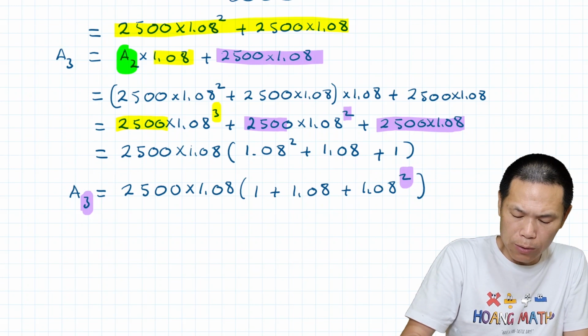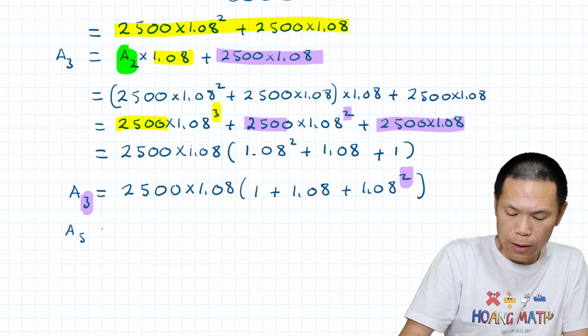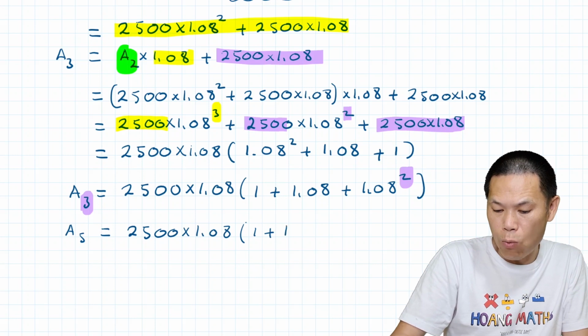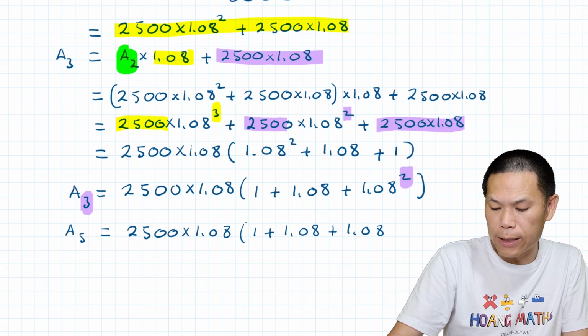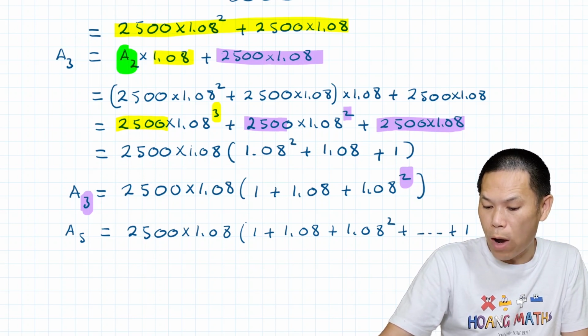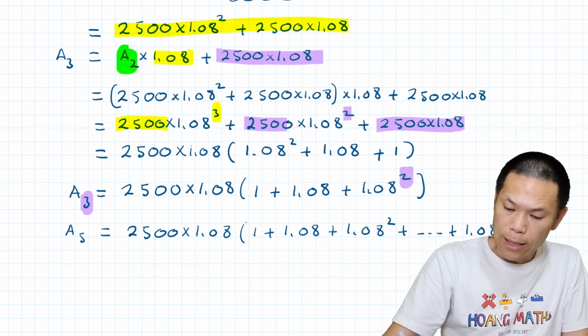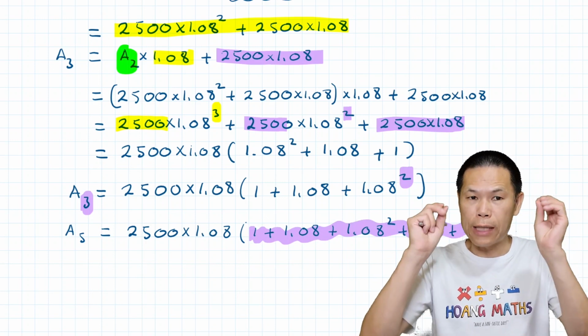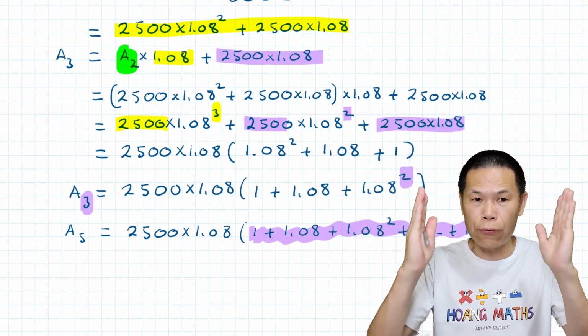So now A5 is equal to 2,500 times 1.08, 1 plus 1.08 plus 1.08 squared, we add up to 1.08 power 4. And don't forget, this is 5 terms, okay? Power 4, because it starts from 0 all the way to 4, so 5 terms.